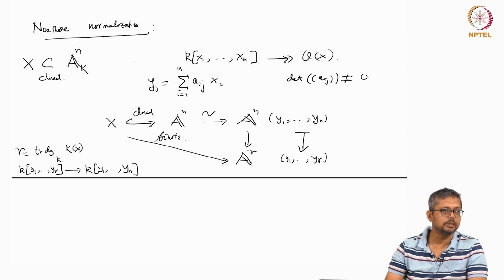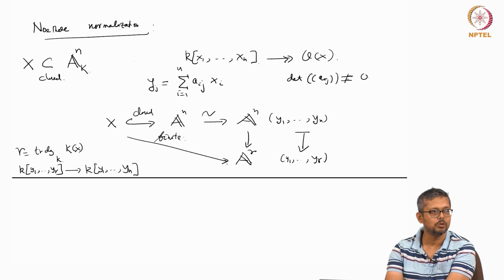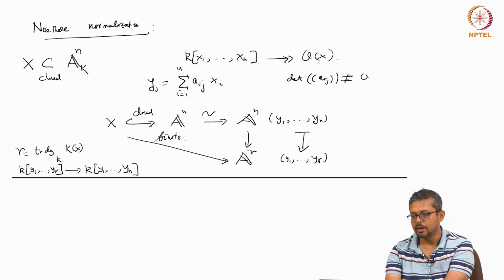So this is another example. You can canonically construct a finite map. Given a closed subset, you can construct a map to another variety. This is always a finite map. Here is a closed immersion, but this is a map from X to A^n. But this is a map X to A^r. This map you are constructing using Noether normalization.